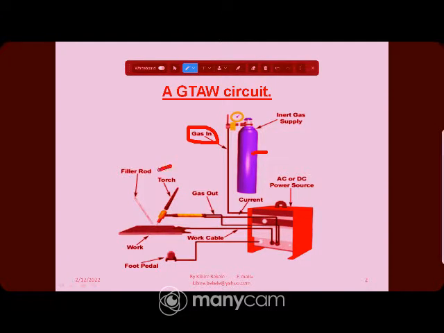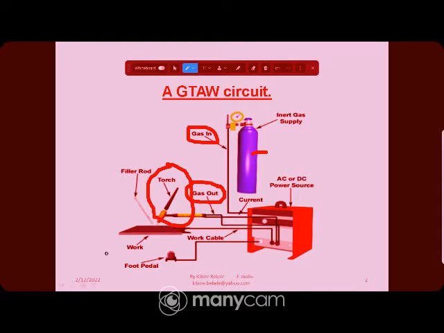By the way, as you see, the torch includes all of this. We can discuss the torch parts in detail, but this is the part we call the torch. And here there is also the gas outlet, the line by which the gas shields the welding area.